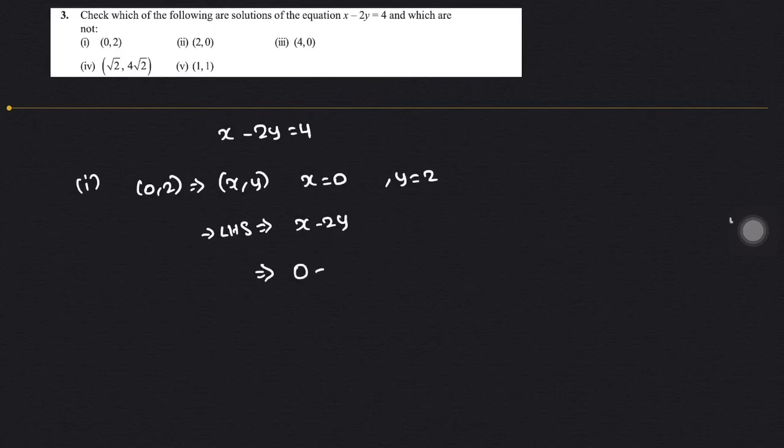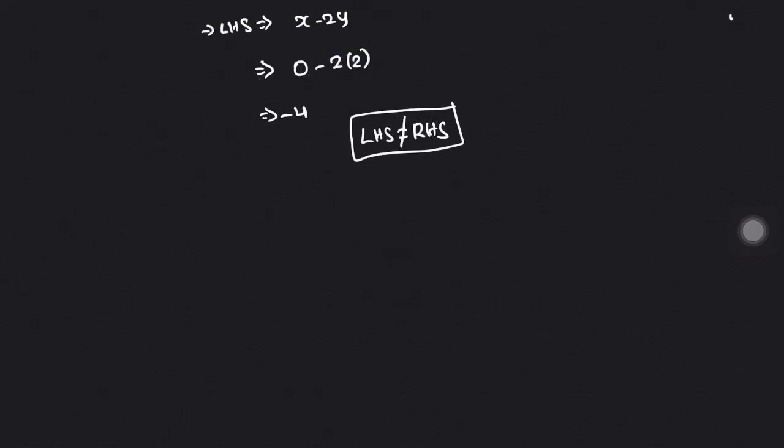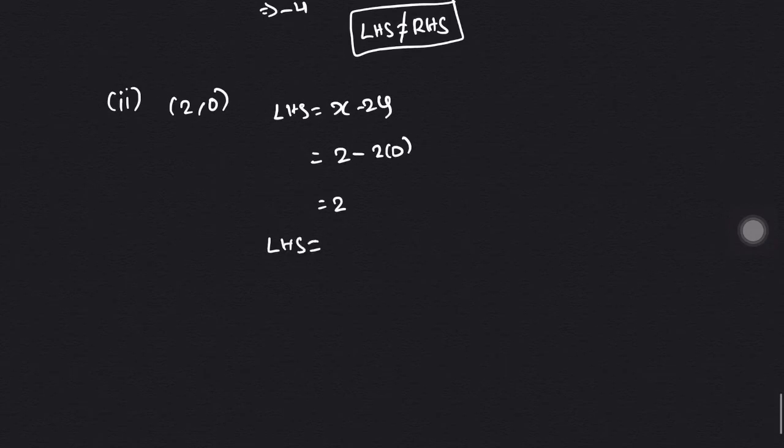So 0 minus 2 into 2 makes minus 4. But in our question the RHS is 4. So LHS is not equal to RHS, so this is not a solution. Second, (2, 0). LHS equals x minus 2y, with x equal to 2 and y equal to 0. So finally we get 2. LHS is not equal to RHS, so this is not a solution of the given linear equation.